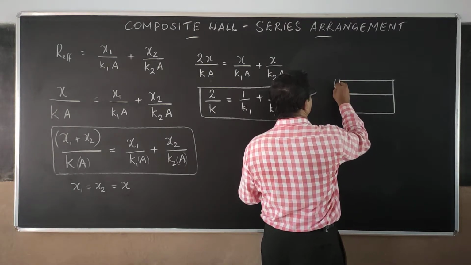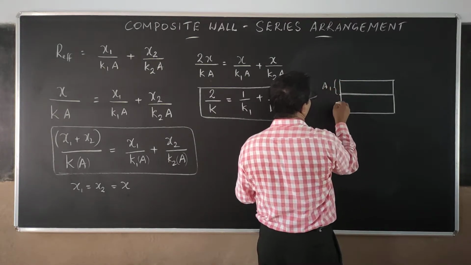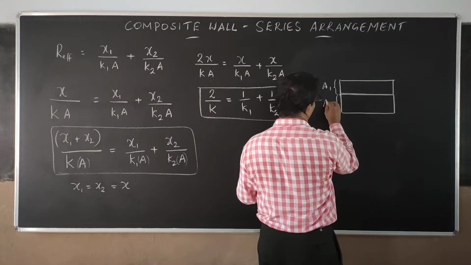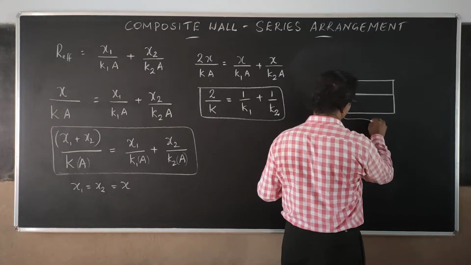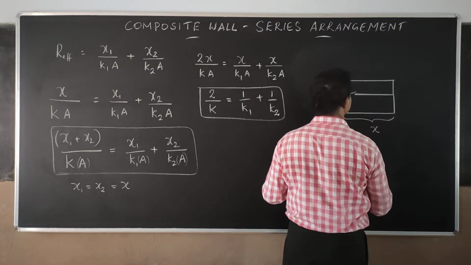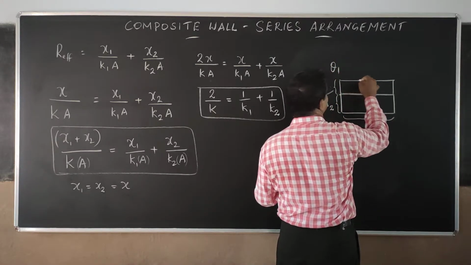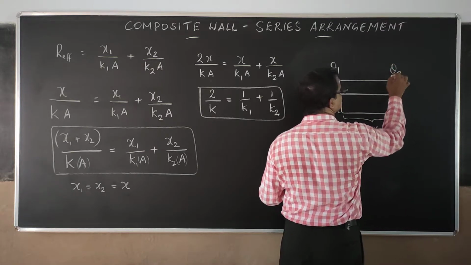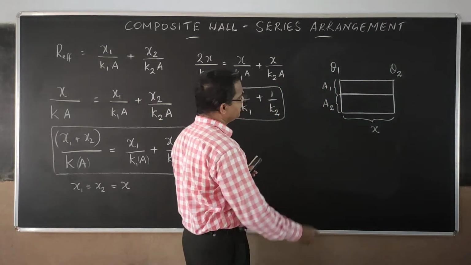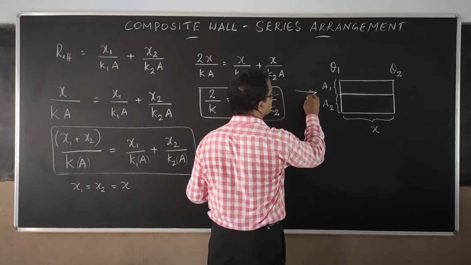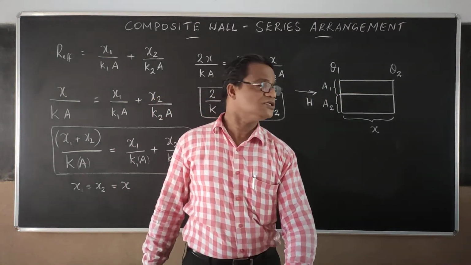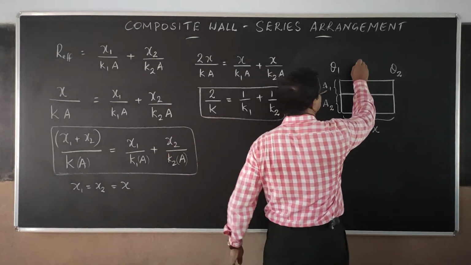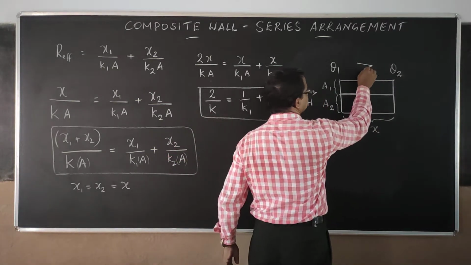For the first one, the area of cross section is A1; for the second one, let it be A2, and the length for the time being is X. Here it is theta 1 and here it is theta 2, and a heat current is flowing from left to right, so theta 1 is greater than theta 2.